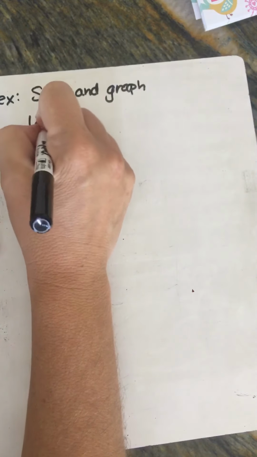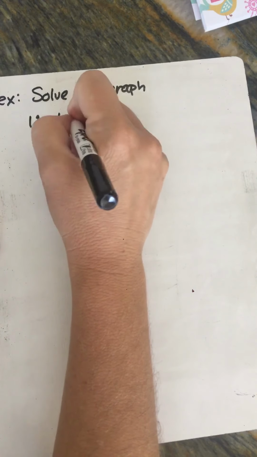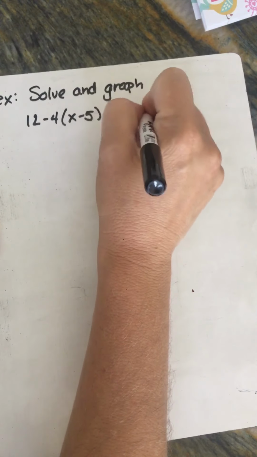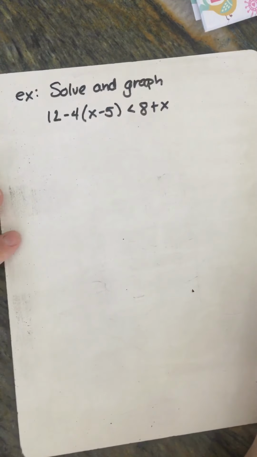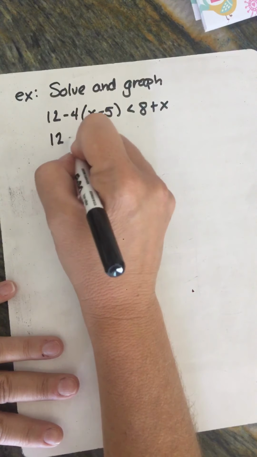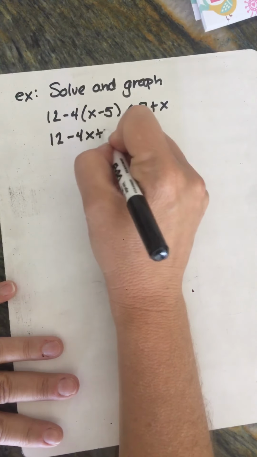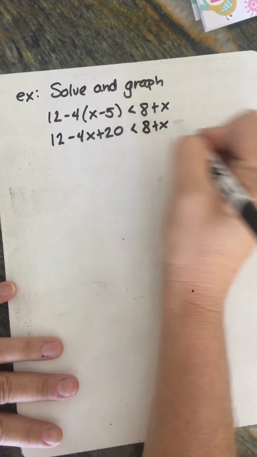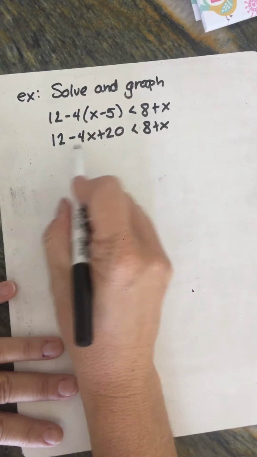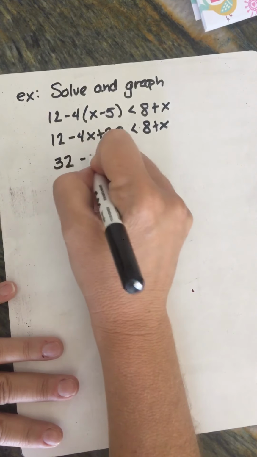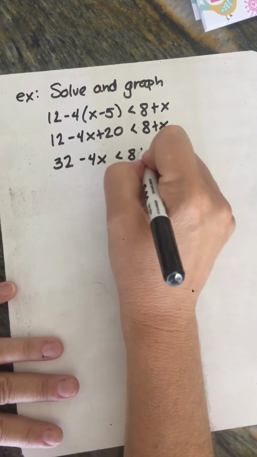So we've got 12 minus 4 times the quantity x minus 5, less than 8 plus x. Distributing the negative 4 over the subtraction, so 12 minus 4x plus 20, be very careful, less than 8 plus x. All right, I'm going to combine my like terms on the left, so 32 minus 4x less than 8 plus x.